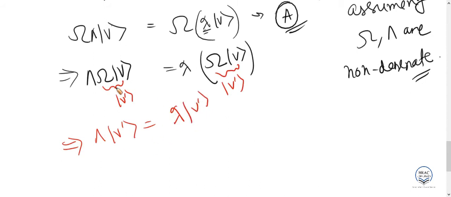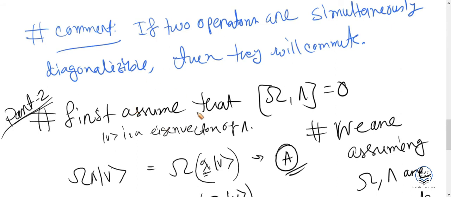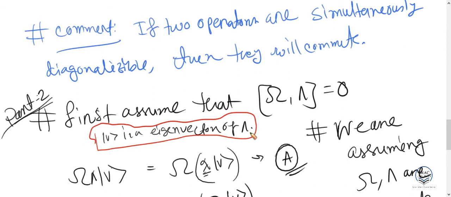So this v prime, that is omega times v, is also an eigenvector of the lambda operator. But here we have said that lambda is a non-degenerate operator and v is an eigenvector of lambda. Since they are non-degenerate, they have to be unique, right?